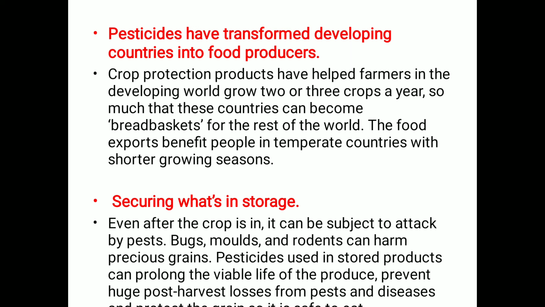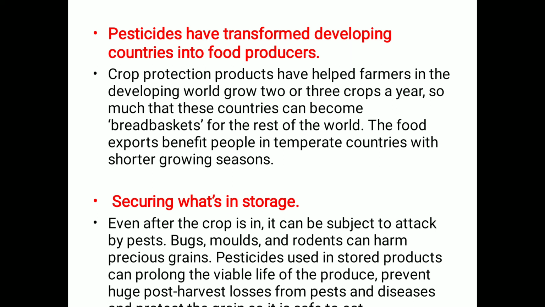Mostly farmers in temperate countries gain more profit due to proper utilization of plant protection appliances within a short period of time.